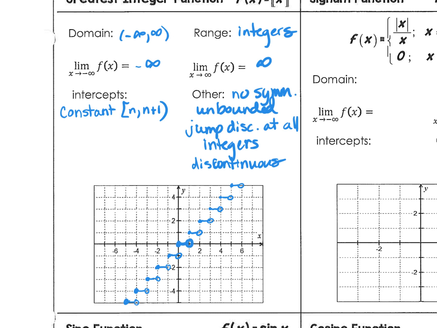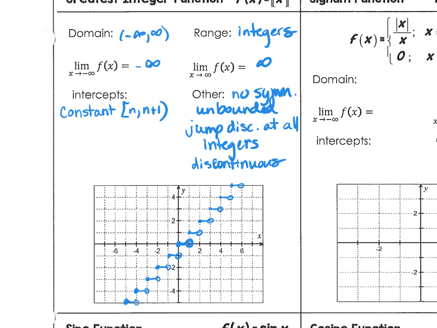That means it is constant from 0 all the way until we get to 1, but it doesn't include 1, does it? So from 0 to 1, it is constant, then from 1 to 2, from 2 to 3, from 3 to 4. That's what that means. You plug in a value for n, and it gives you the boundaries for each of those little constant pieces, doesn't it? Okay, so that's it.